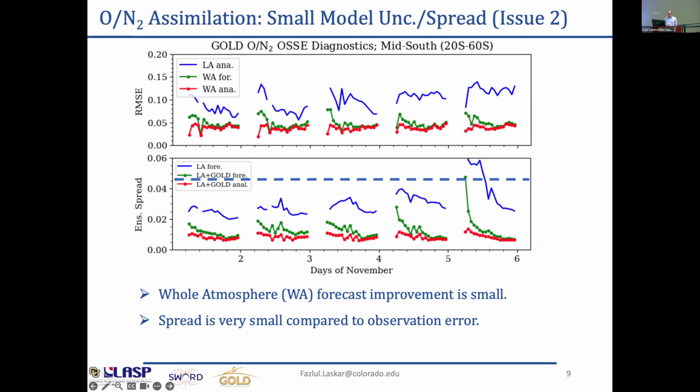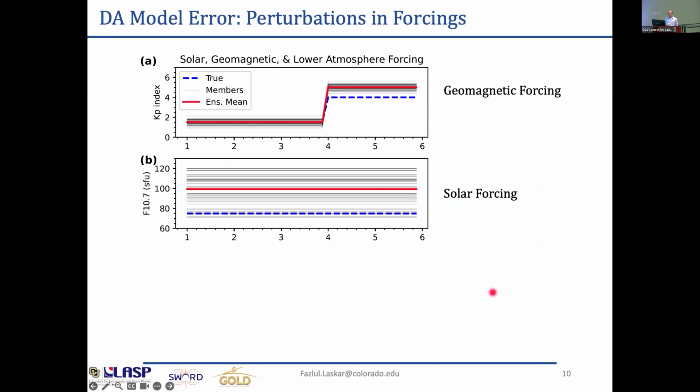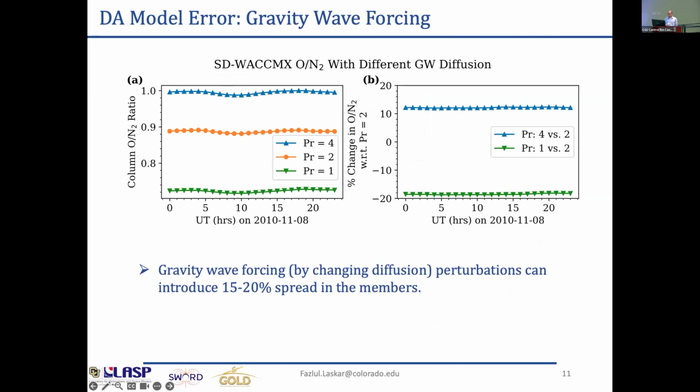And the rough idea is that the spread should be closer to the measurement errors, in this case about 5%, this line here. So to resolve this problem, we had to introduce additional forcing in the perturbation. We already use geomagnetic and solar forcing, so what else can we use? For that, we checked the sensitivity of WACCMX to gravity wave forcing changes.